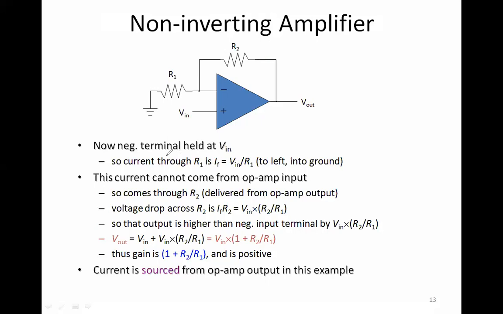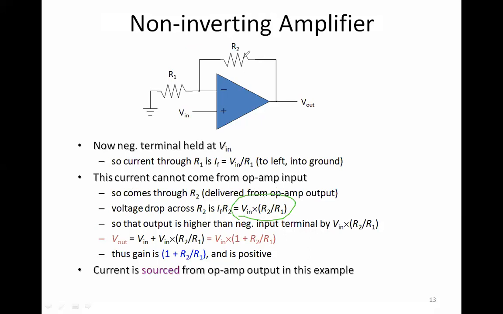Fine. This current cannot come from the op-amp input. So it comes through R2, which is from the output, and the voltage drop across R2 is also going to be V in into R2 by R1, because this R1 and R2 is forming what?